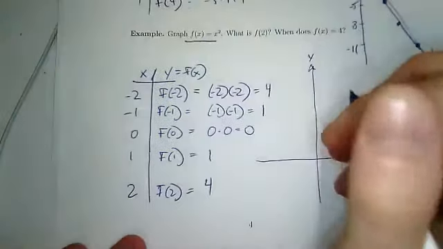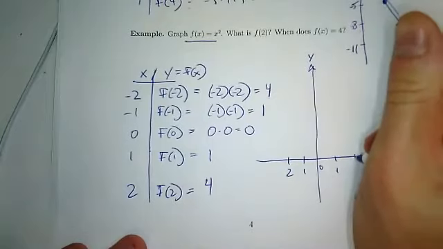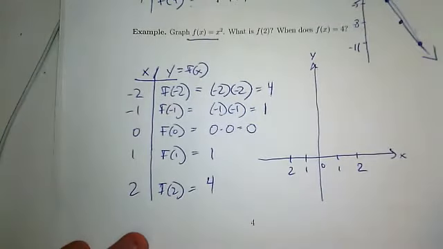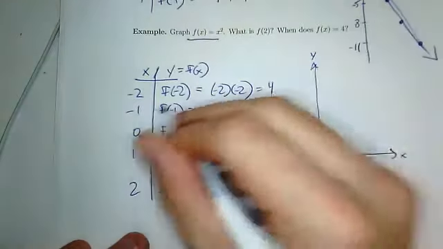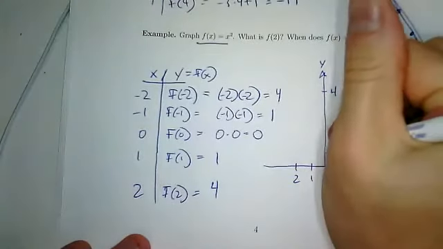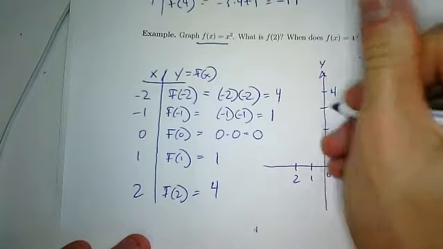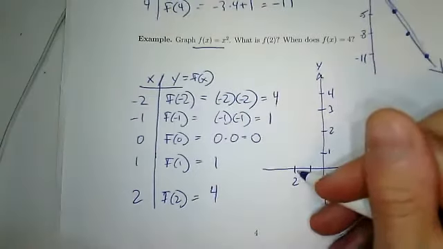But let's plot. So -2, -1, 0, 1, 2. And again, make your plots prettier than mine. I plot -2 at 4. So it's up here. And I should make a grid: 1, 2, 3, 1, 2, 3. There you go. So at -2, it's 4.